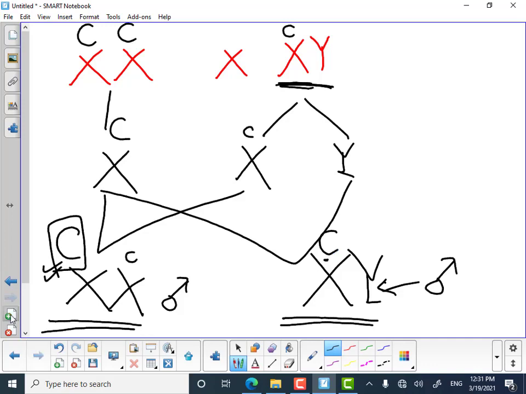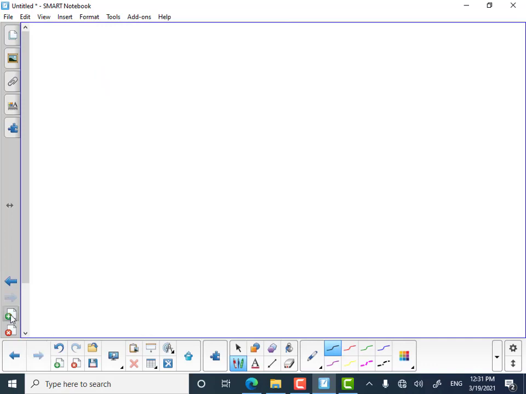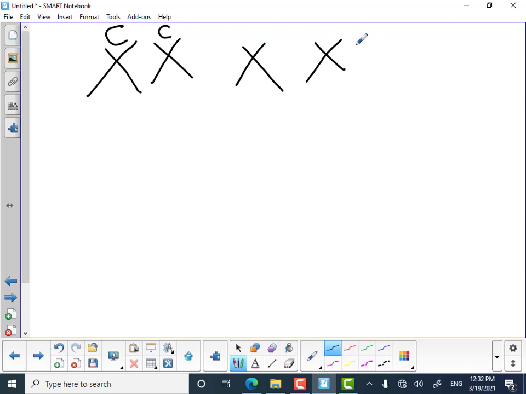Okay, now we will take another example about a hybrid female, who carries capital C, small c, and a male who is infected.